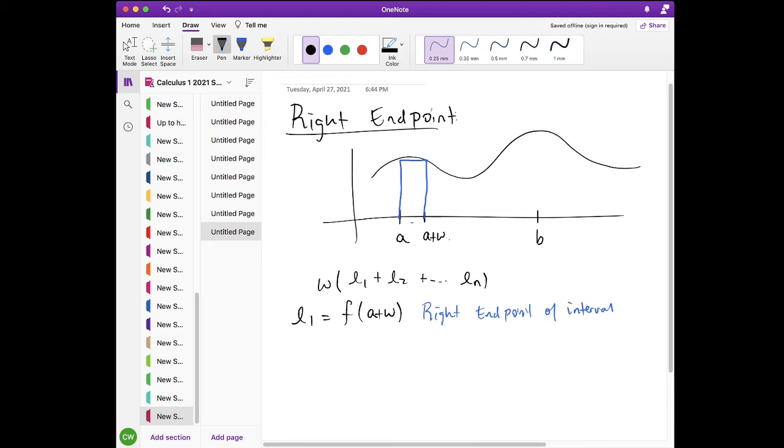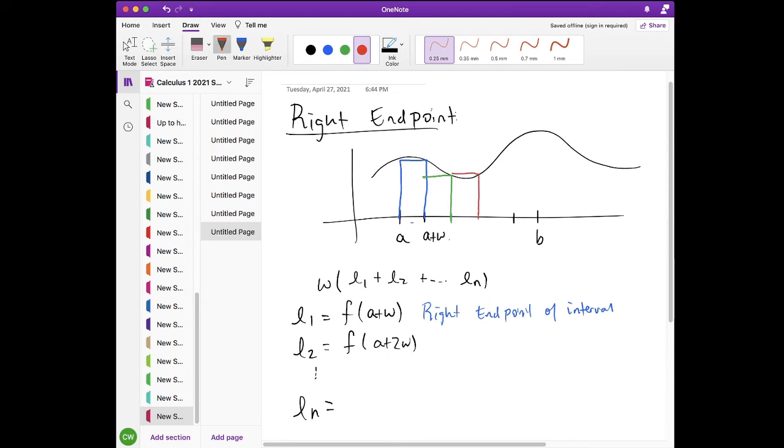Just by the same reasoning, you're going to keep on doing this until you get to the end. So tell me what the f value of the last rectangle will be. F of b.